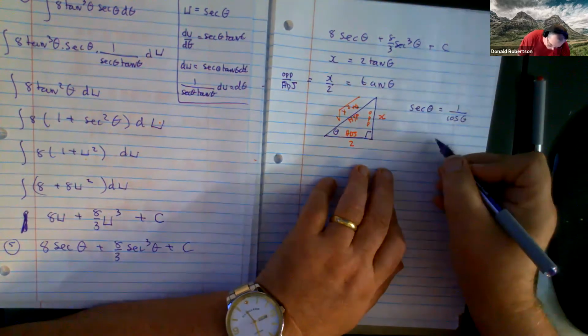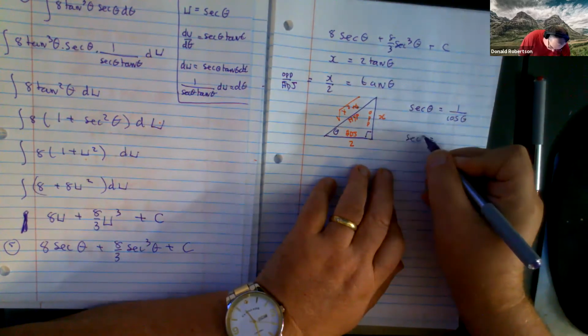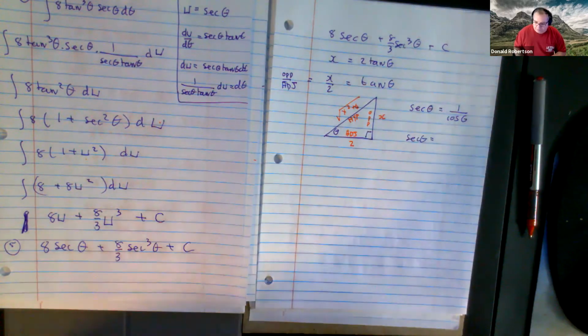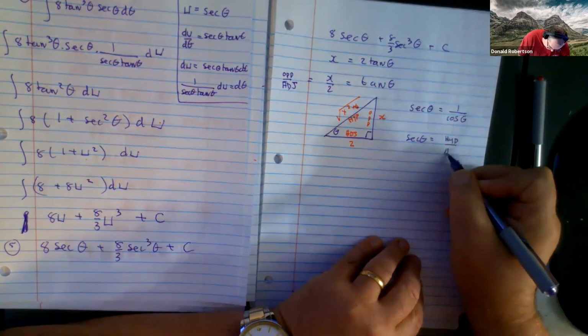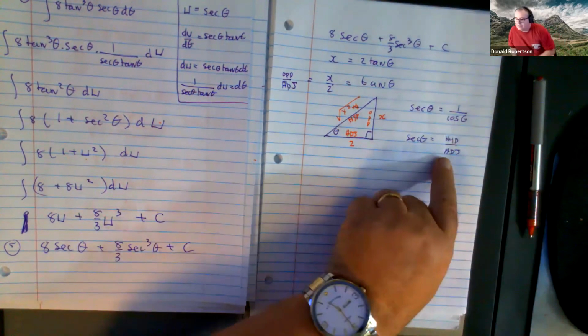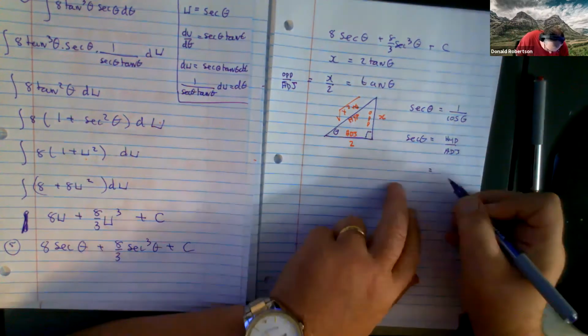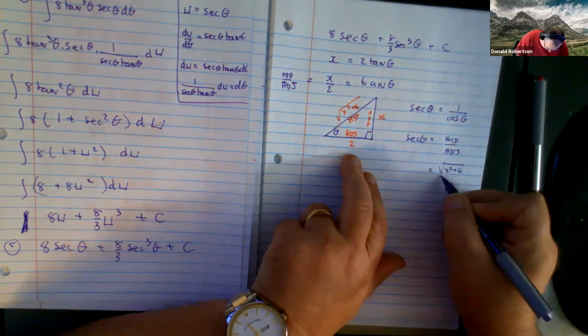Since the cosine is adjacent over hypotenuse, won't the secant just be the other way around, hypotenuse over adjacent? Are you happy with that being the secant? It's just the reverse of a cosine. The hypotenuse in this case is this fella, and the adjacent is 2.